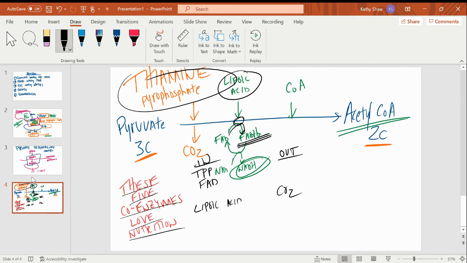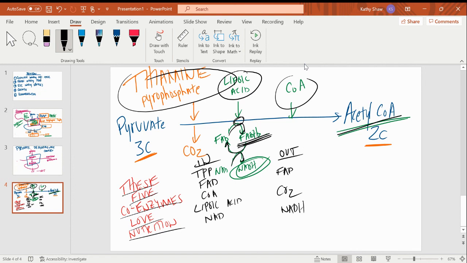However, we don't just leave the FADH2 alone, we oxidize it back to FAD. So FAD actually comes out too. While we reduce NAD in to NADH coming out. Then we put that CoA on there, our other N, and we've got our acetyl-CoA.